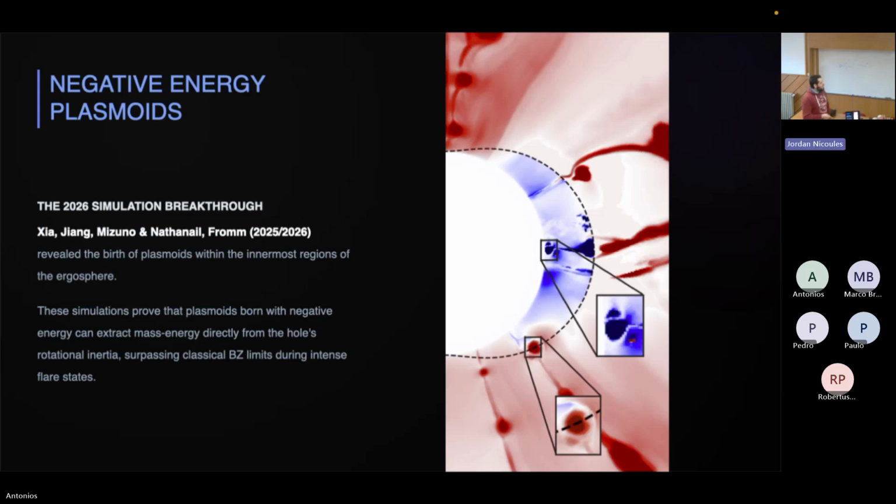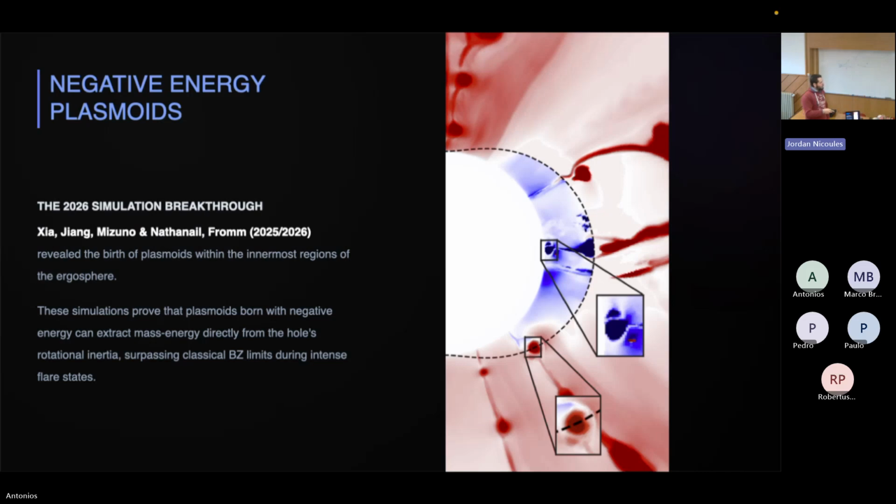And this is just a new paper with friends from Shanghai, and they see exactly this. This is the limit of the ergosphere. Red is positive energy at infinity, blue is negative energy, and you see that a lot of plasmoids inside the ergosphere get this negative energy, and they actually plunge onto the black hole.